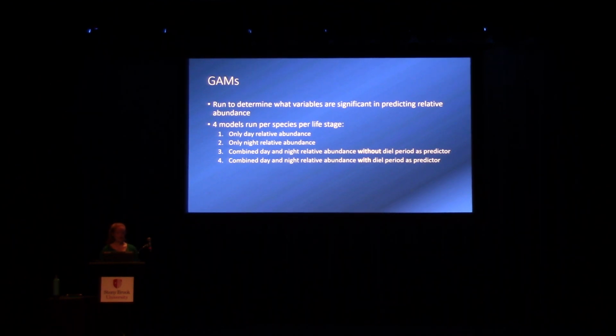The last 2 models combine the daytime and nighttime data all together. The first combined data model doesn't include diel period as a predictor variable, to see what variables are shown to be significant. And the 4th model does include diel period as a predictor of relative abundance: does the model change?